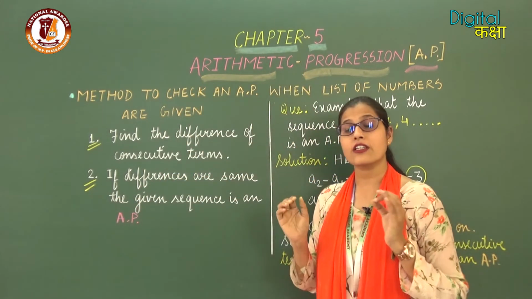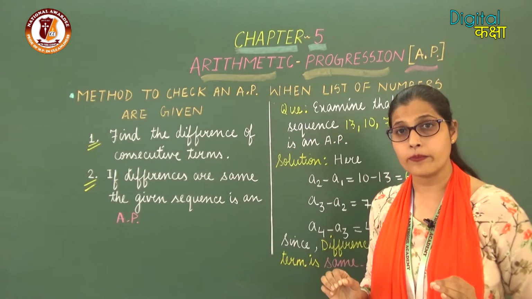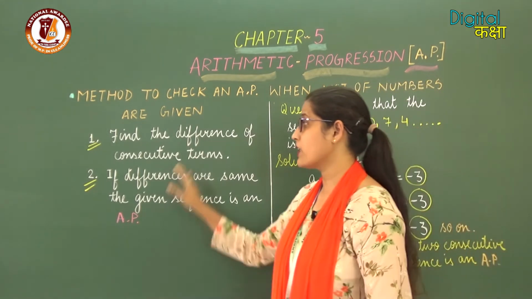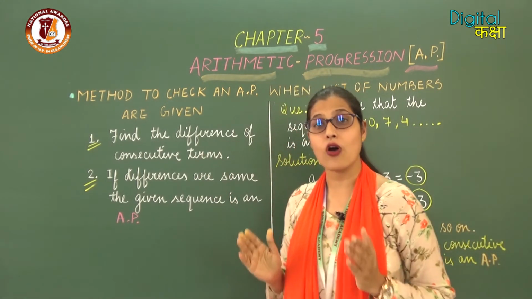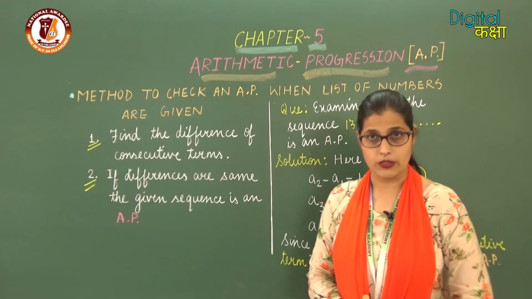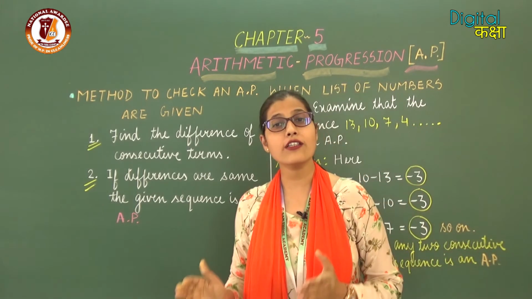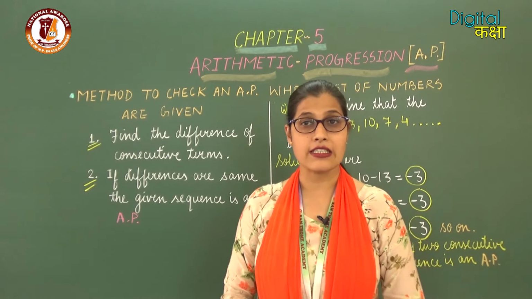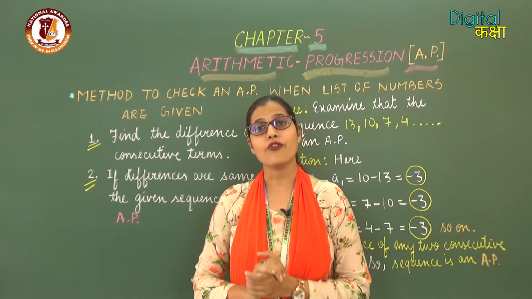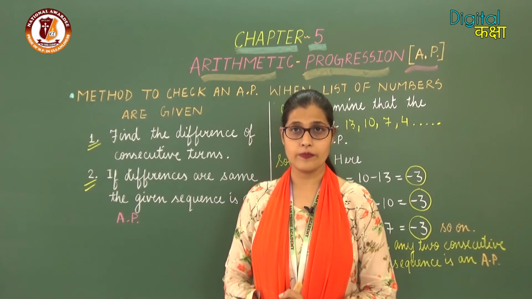To check whether the given numbers are in an AP, first of all, we need to find the difference of two consecutive terms. To find the difference, we will be subtracting the preceding term from the succeeding term.